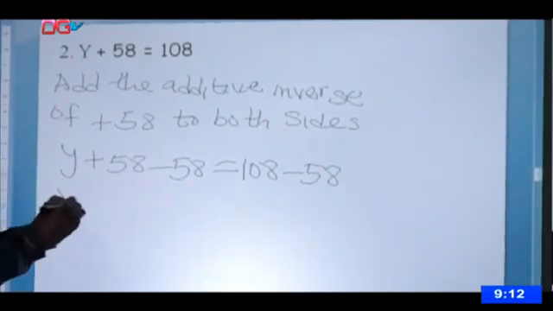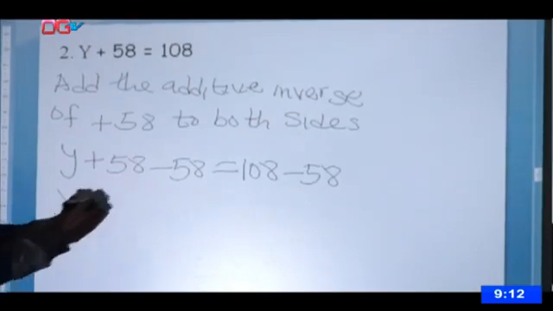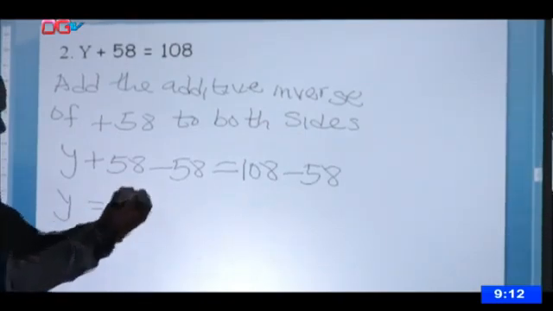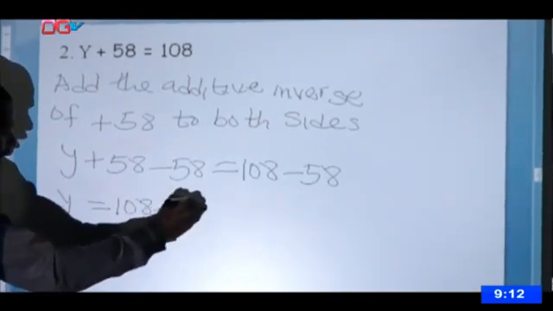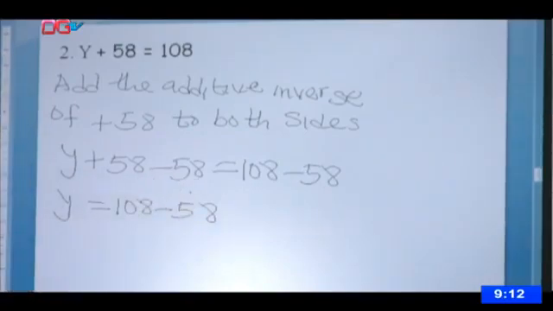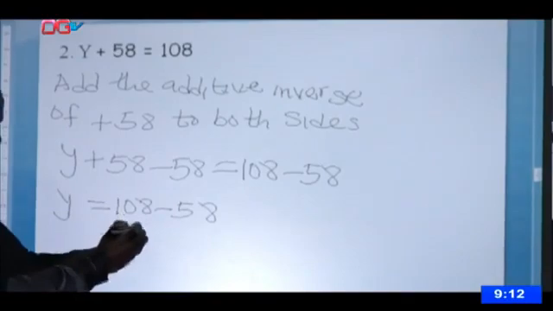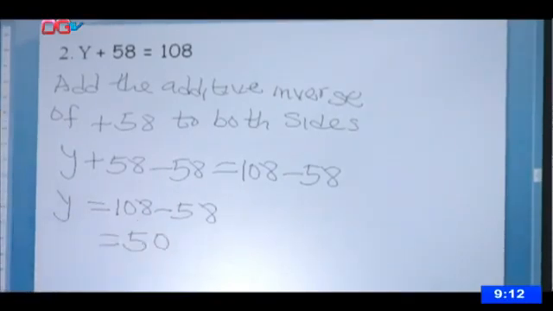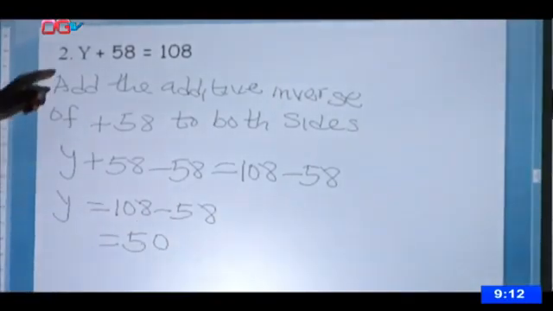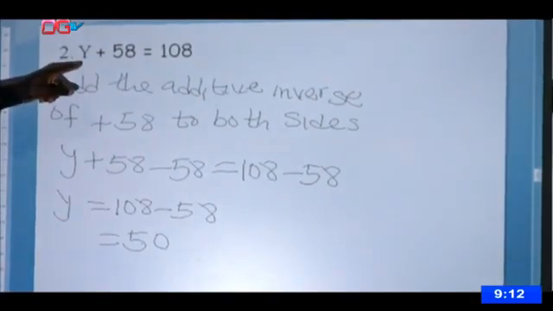So we have y equals 108 minus 58. Of course, if you check it, this will give us 50. It means our y equals 50.